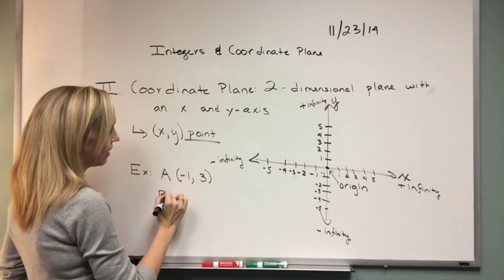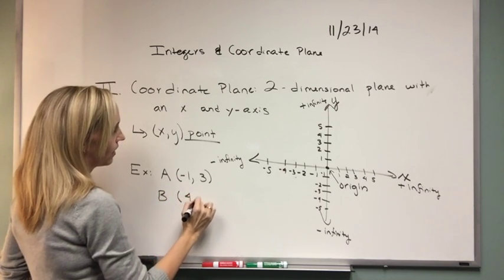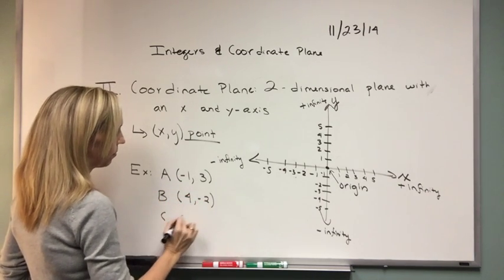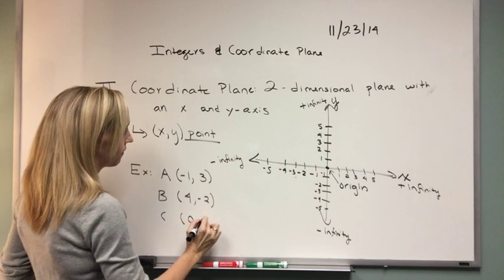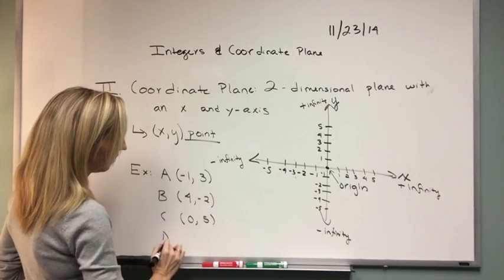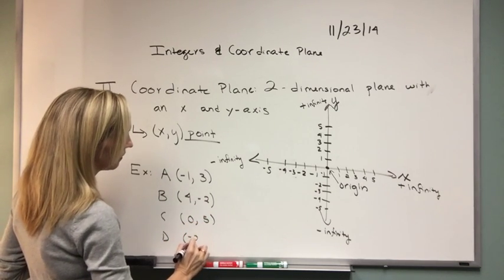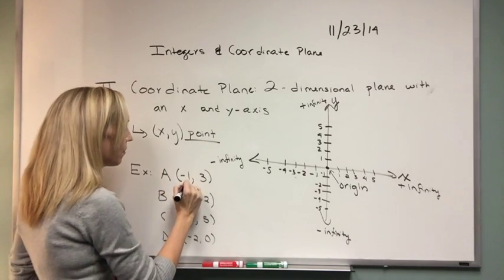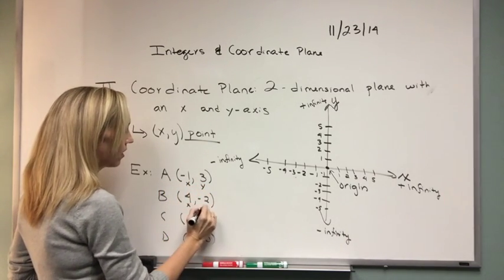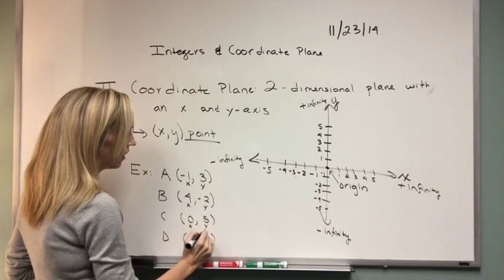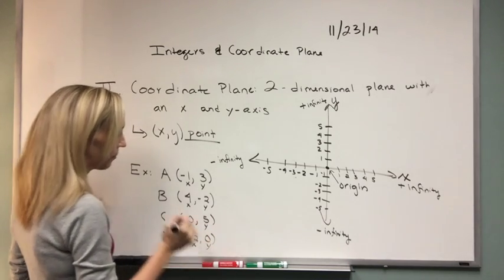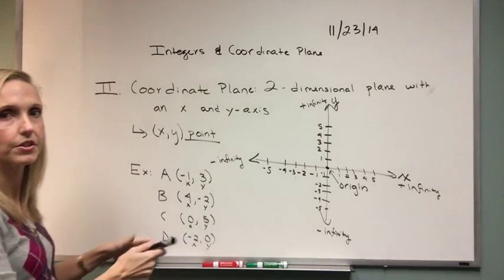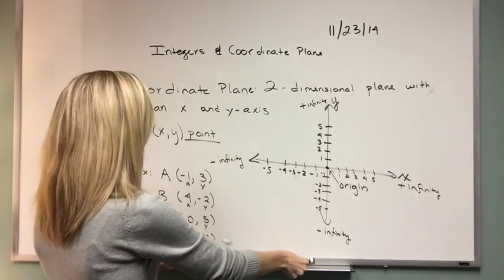We're going to plot B, which is 4, -2. We're going to plot C, which is 0, 5. And we're going to plot D, which is -2, 0. We want to label what our x and y are. I always do that because I like to flip them. So make sure you label your x and y, and then let's plot.